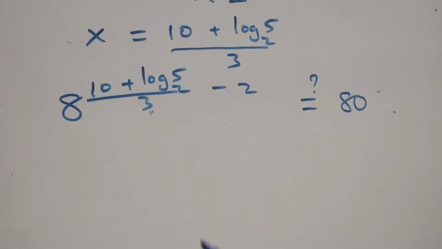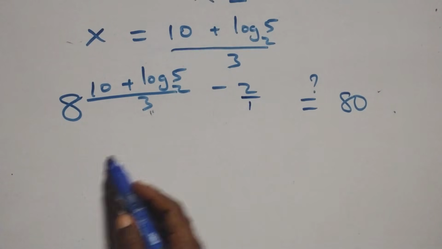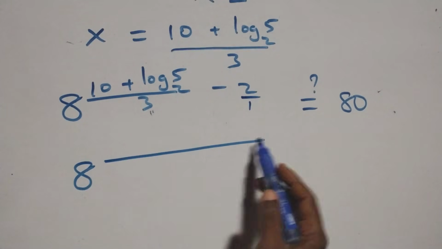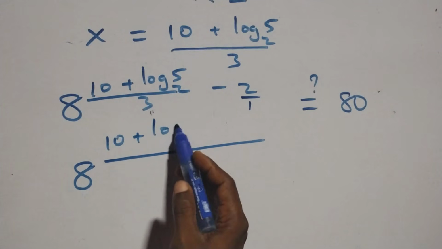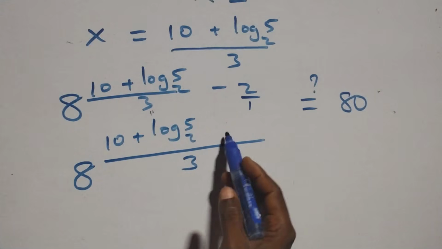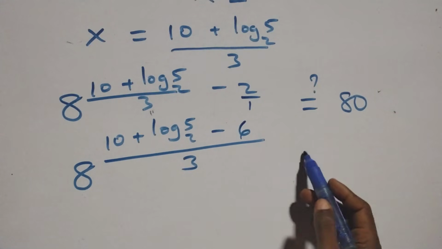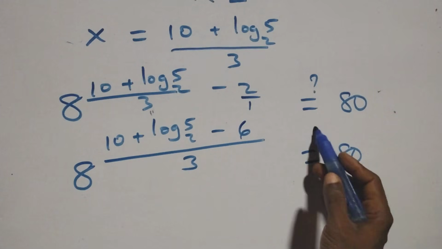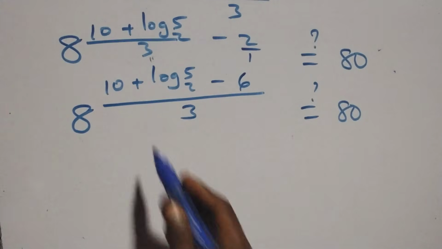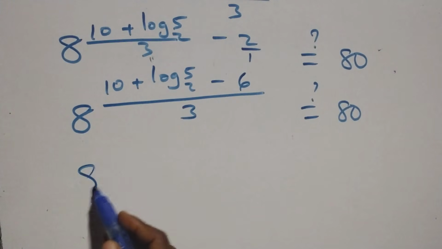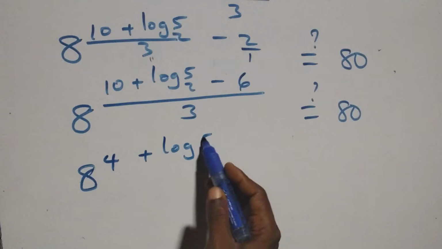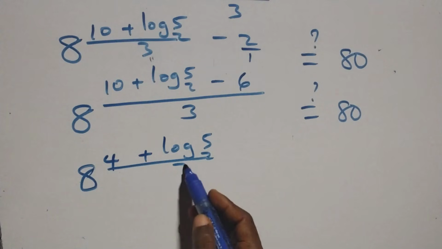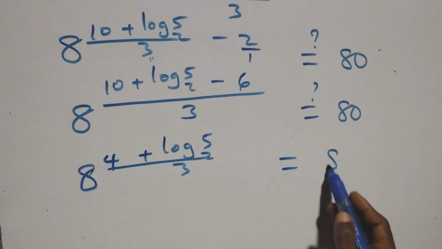Here we bring this power together as 1, 2 over 1. We have 8 raised to power, the LCM being 3, 10 plus log 5 base 2 minus 6, is it equal to 80 on this side? Then here we have 10 minus 6, that's 4. We have 8 raised to power 4 plus log 5 base 2 all over 3, is it equal to 80 on this side?